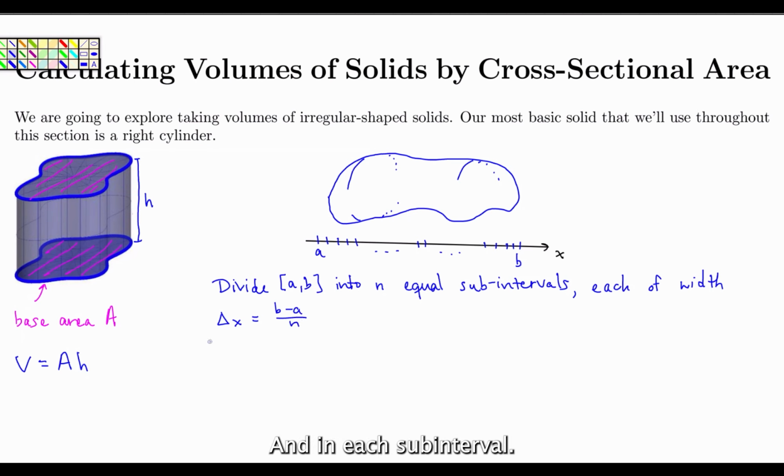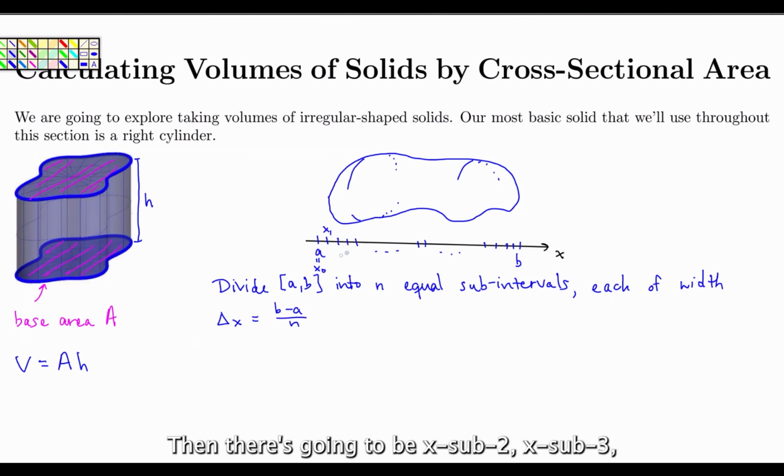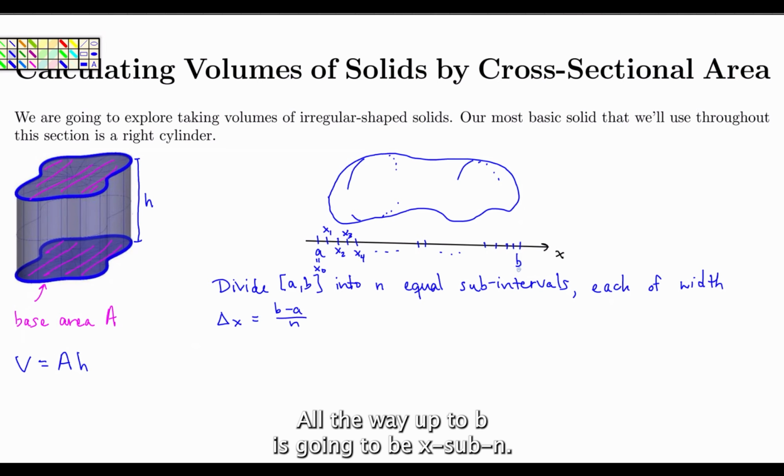And in each subinterval, we can name these points. A is going to be x sub 0, and then the next point is going to be x sub 1, then x sub 2, x sub 3, x sub 4, and so on, all the way up to b, which is going to be x sub n.